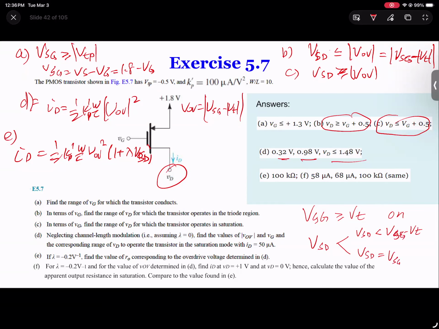So VSG minus VT, remember, is VOV, yeah? VOV stands for overdrive voltage. So if VSD is larger than VOV, it's in saturation mode. If it's less than VOV, it's in triode mode. And once it's in a different mode, the equation to calculate current is different.